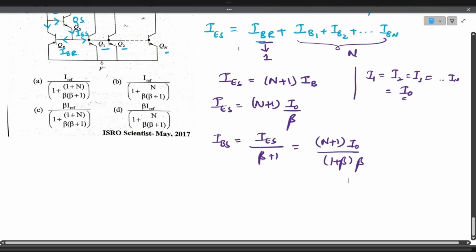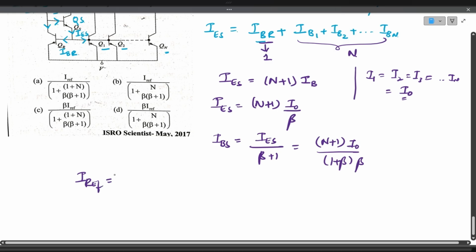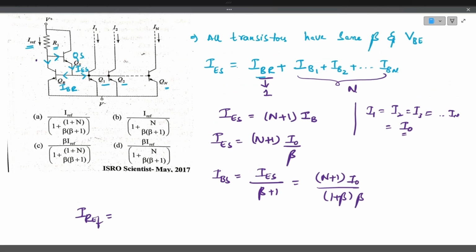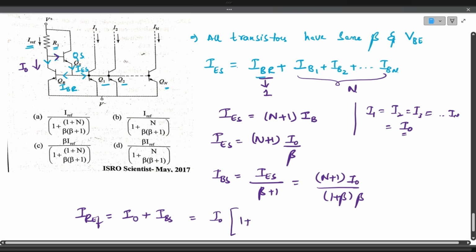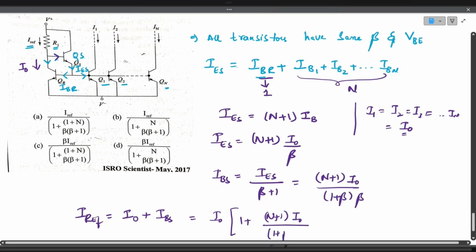So now the reference current, as we discussed here, will split into two parts. One is the collector current, which is I0. The other one is nothing but the base current IBS. So if you add these two, I0 times 1 plus N plus 1 divided by 1 plus beta into beta.